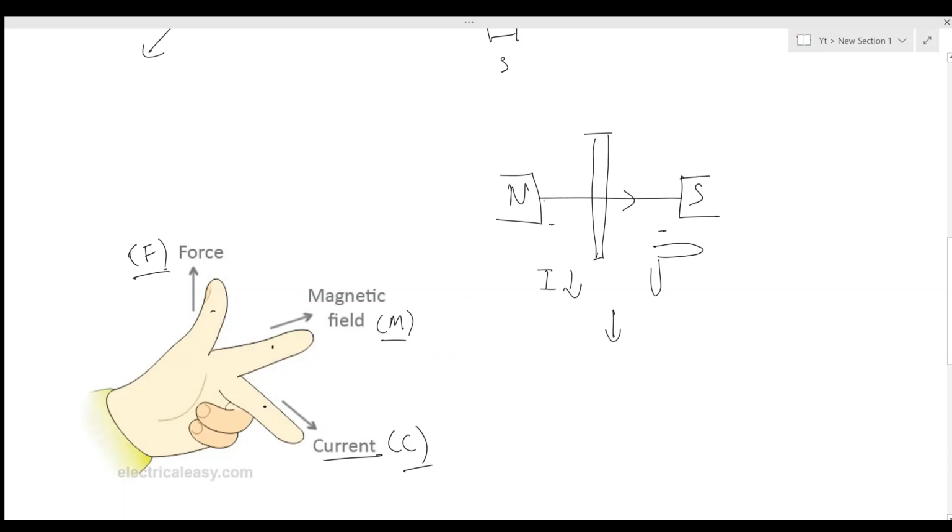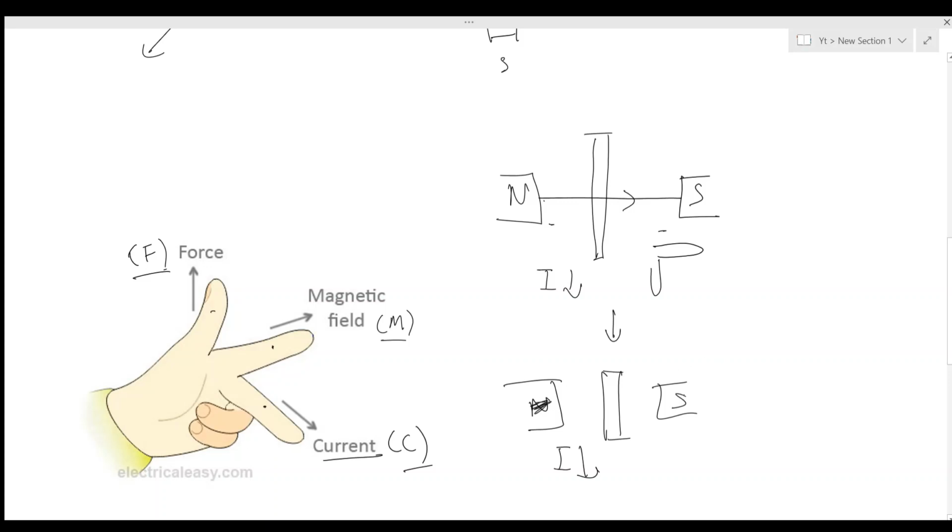For a current carrying wire in a magnetic field, you can interchange the unknown variable. In this case, I found out the force. But in another case, if the current goes downwards, and I was given that the force is exerted towards me, how would I find out the direction of the magnetic field?